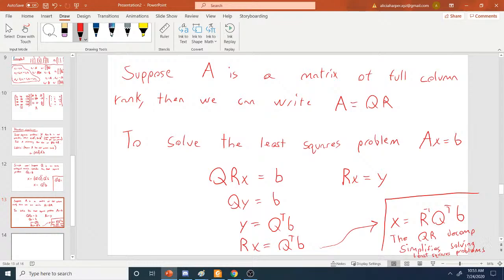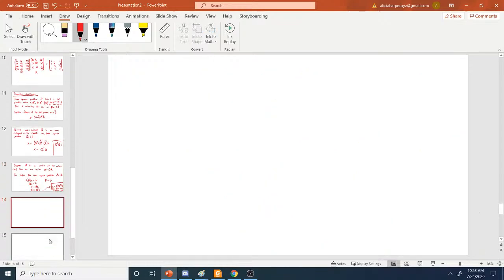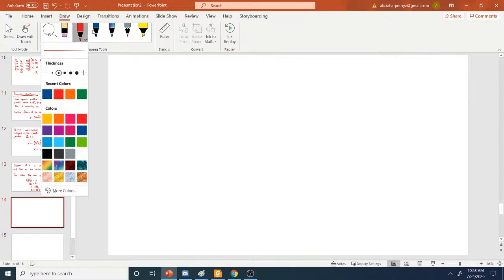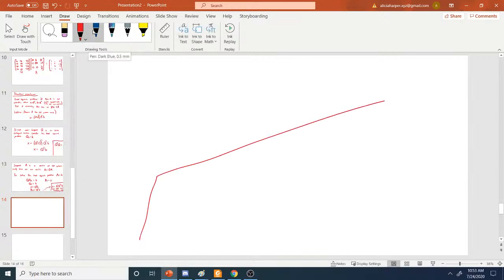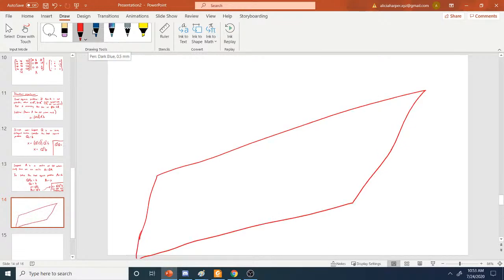So let me say why this is. The geometry of it is kind of beautiful. Let's say right here, this is the column space of A. Then the way least squares works is we have some vector v.